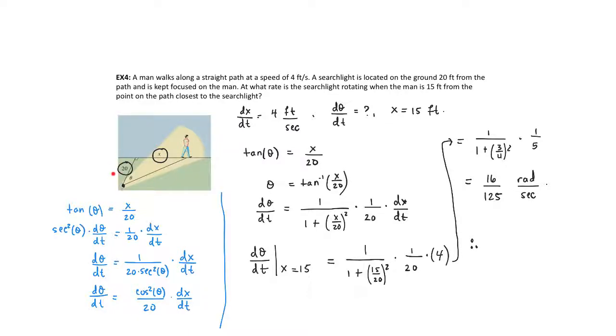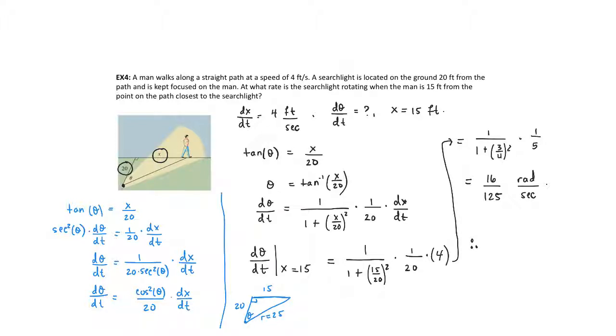We have a right triangle right here. So by using the right triangle, I can go ahead now. If you don't mind, let me continue here. Here is my right triangle. I know that this is 20. That doesn't change. This is theta. And then exactly when x is equal to 15, I can easily find the hypotenuse. The hypotenuse of this triangle using the Pythagorean theorem will be 25.